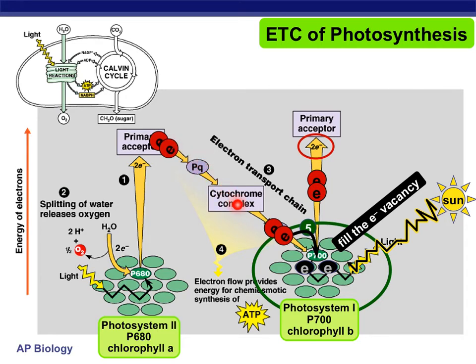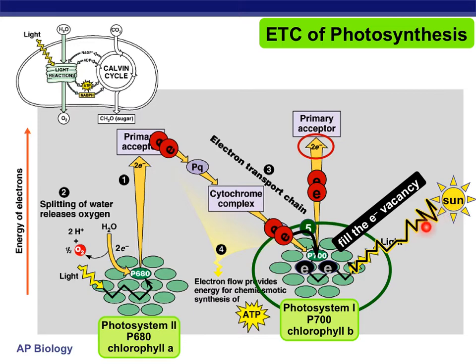Meanwhile, the light energy has been transferred to the light harvesting complexes of photosystem 1 as that electron falls back here, and energized by light energy, an electron is going to be again excited, sent to a higher energy state.